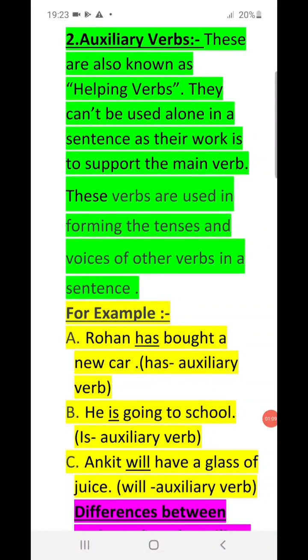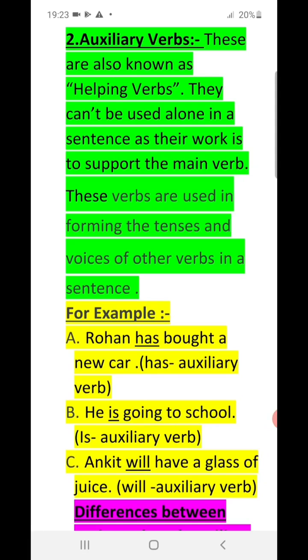Next, number B. He is going to school, where is is used over here as an auxiliary verb, and it is supporting the word going, which is acting as the main verb.